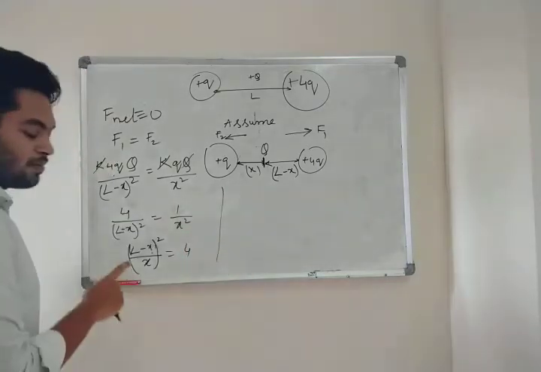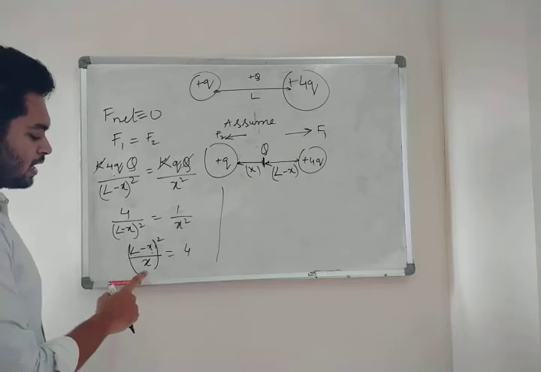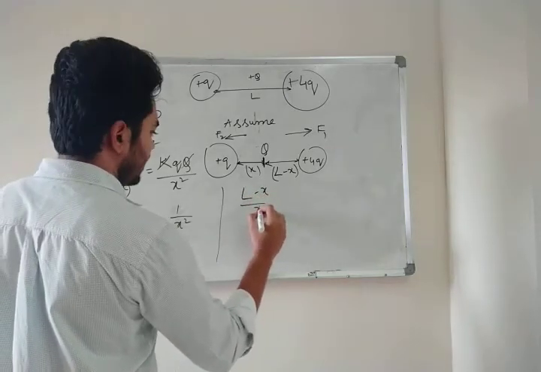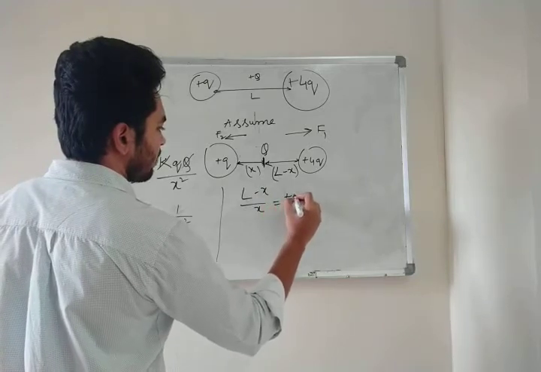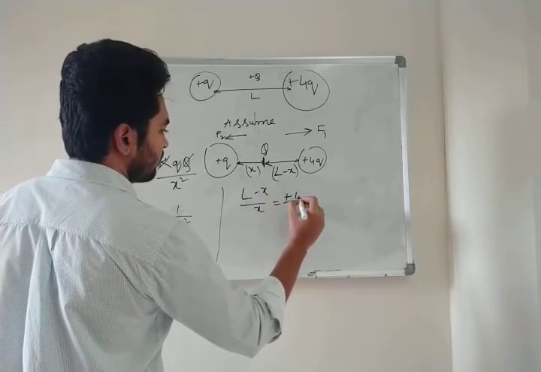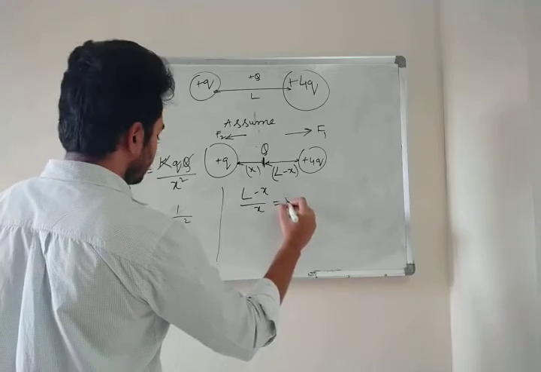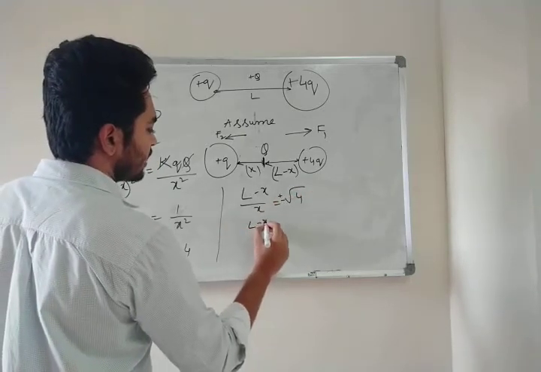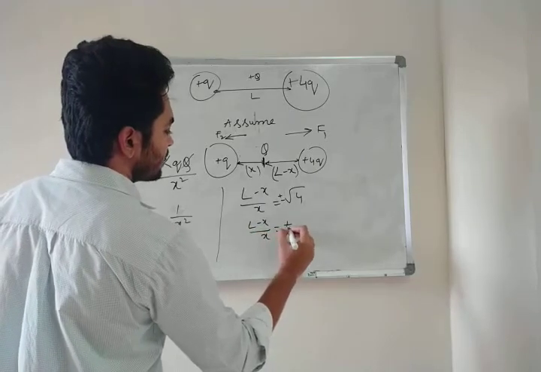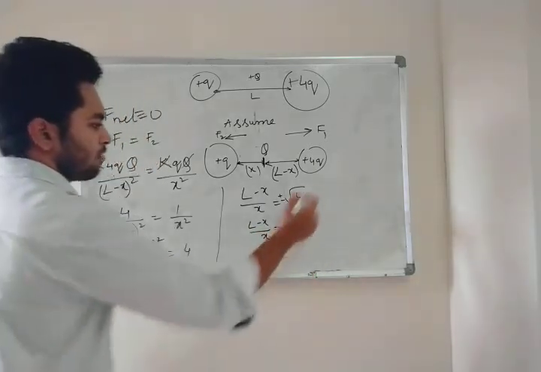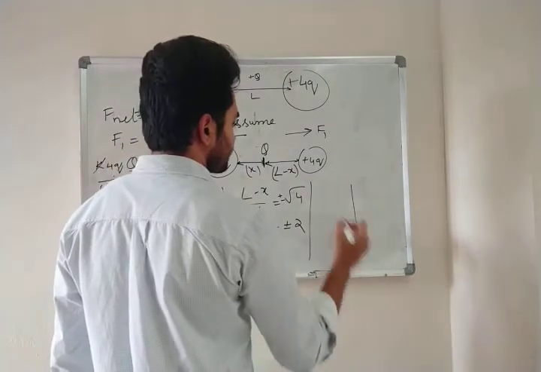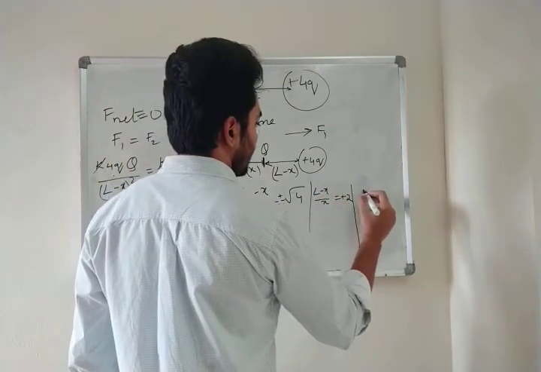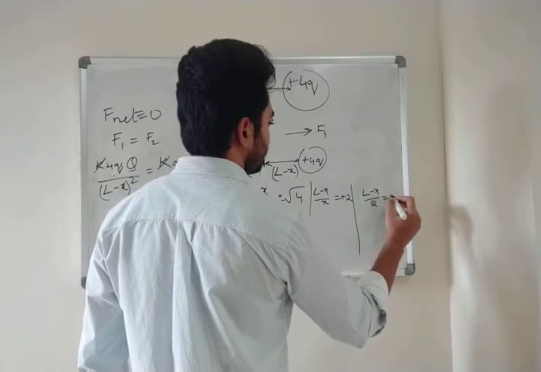Next step is L minus x by x equal to plus or minus root 4, that is, L minus x by x equal to plus or minus 2. So our next cases are, L minus x by x equal to plus 2 and L minus x by x equal to minus 2.